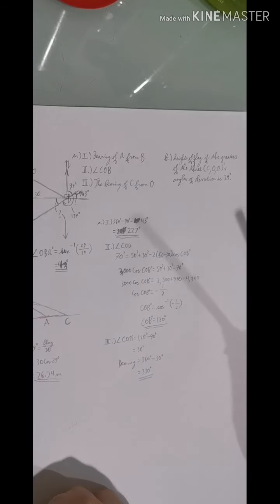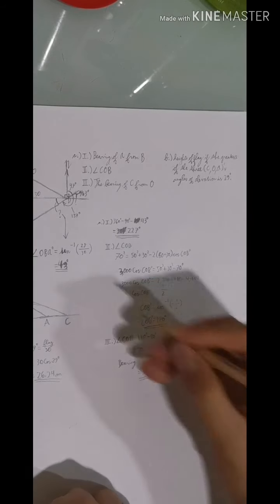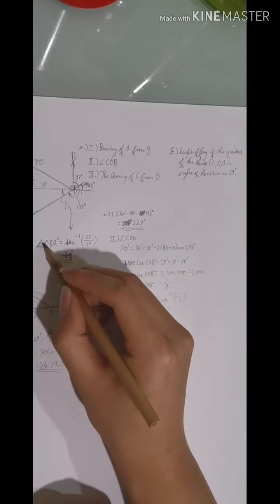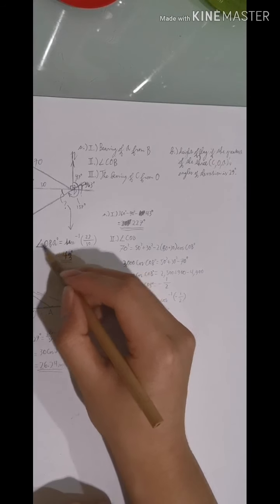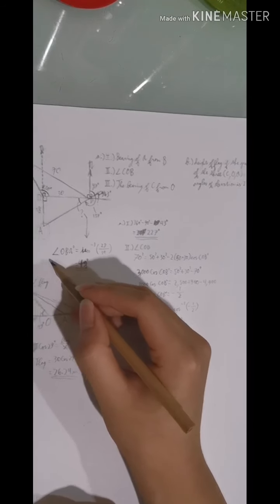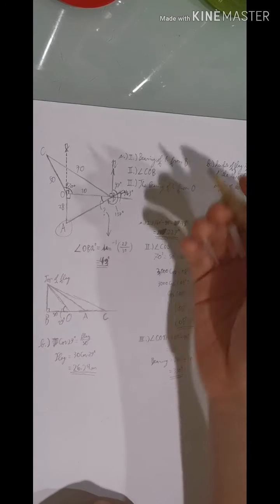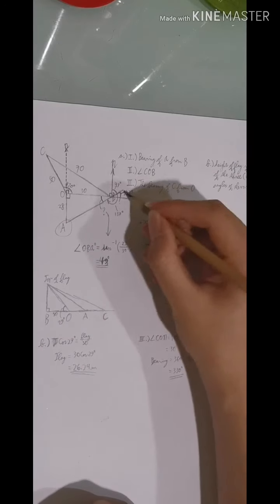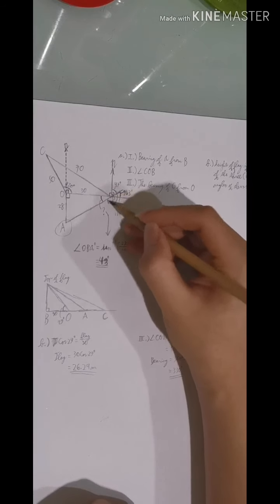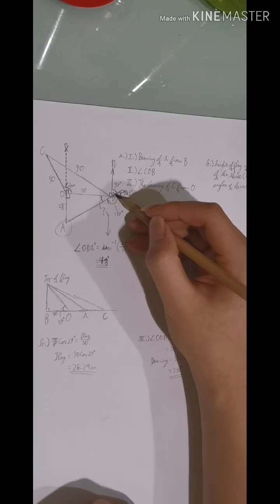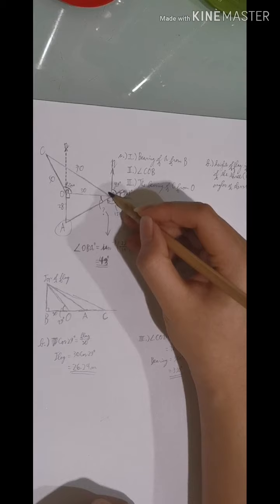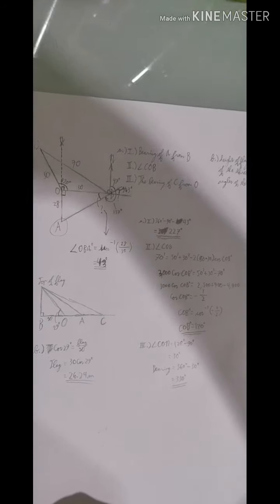In order to do that, first we find the angle OBA, as I stated here. We can do an easy shortcut of finding the bearing by thinking that this is an entire circle, so 360 degrees. I'm gonna zoom in.